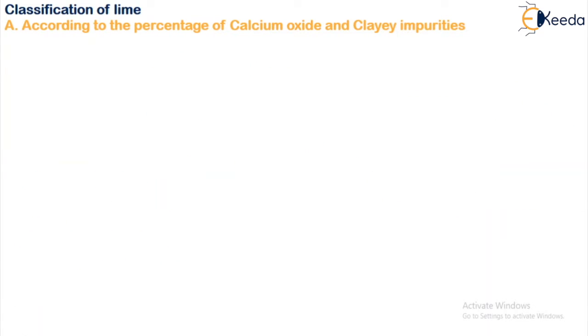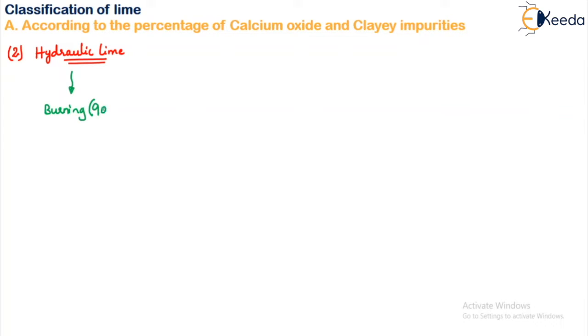The second type is the hydraulic lime. How we get this hydraulic lime is that we do the burning of raw limestone.